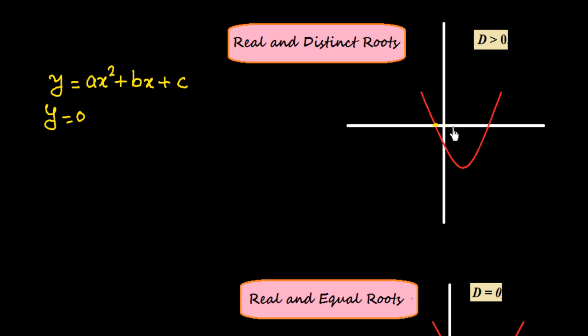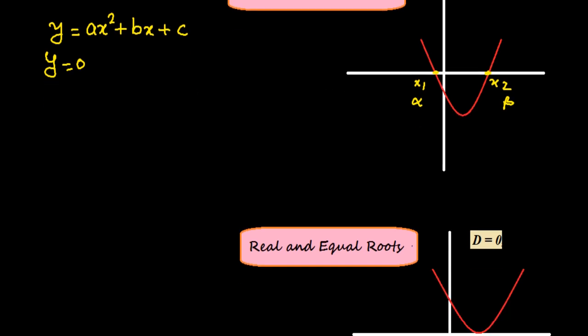One root would be here and one root here. So we get two distinct roots. If we put ax square plus bx plus c equal to 0, we get two values of x, one here and one here. This is our x1 and this is our x2, or we could also say this is our alpha root and this is our beta root. So we get two roots through this quadratic equation if D is greater than 0, real and distinct roots.